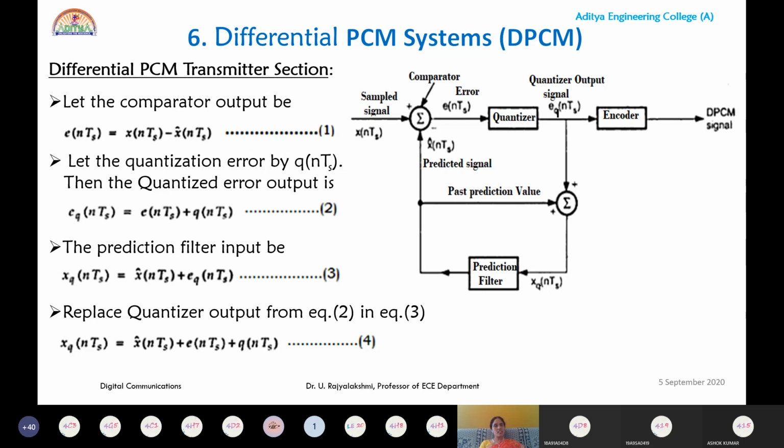The quantizer output is also an error signal, because it is the sum of the difference bit and the induced quantization error. So e of nTs plus q of nTs is equal to eq of nTs, where eq of nTs is the quantizer output signal. The same thing we represented in equation 2.